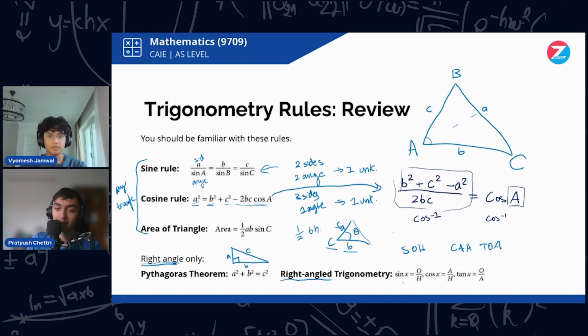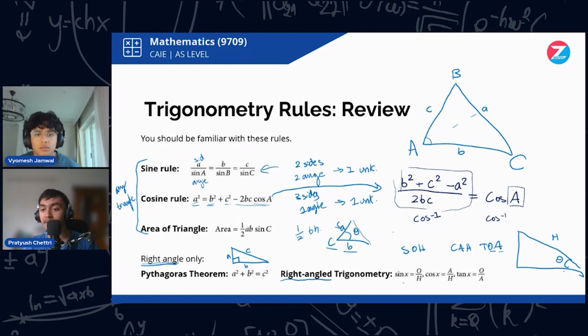Tan is opposite over adjacent. And what does this stuff mean anyway? Hypotenuse is H. Let's say we're given an angle on this side, theta. The one right next to the angle is the adjacent. And the one opposite to the angle on the far side is the opposite.